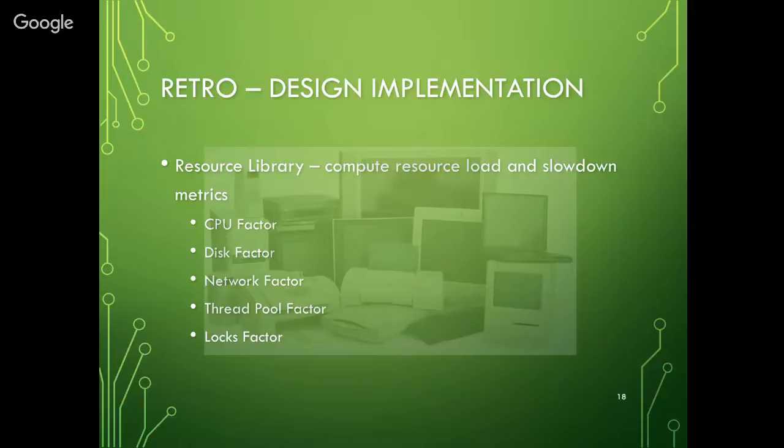So the slowdown metric is measured based on its usage of the network. Therefore, actual network latency is not really measured, meaning that for Retro, there's room for improvement when it comes to this. It can be extended in the future to implement a true slowdown measurement from the network perspective.